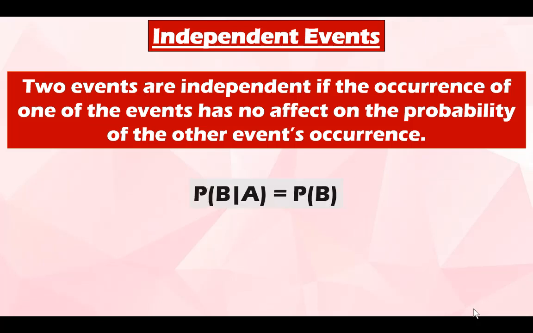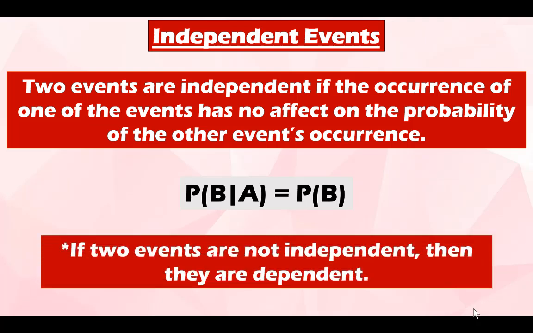So, symbolically, the probability of B given A would just be the probability of B. So if 2 events are not independent, then we call them dependent events. So independent means that one of the events has no effect on the probability of the other event, and dependent means there is an effect on the probability.